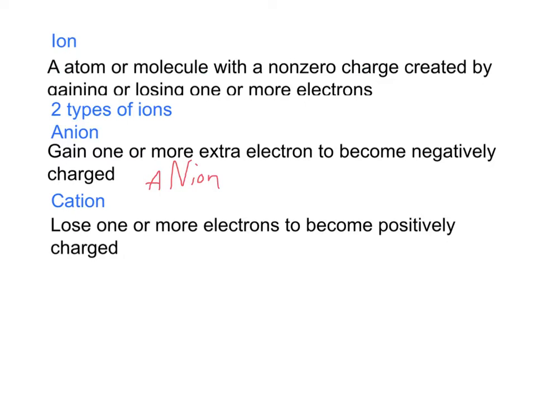The second type is a cation. That's where you lose one or more electrons to become positively charged. So if you write the word cation and change the t to a plus sign, you're going to remember that cations are positive. Or cats are just always in a good mood. I don't know. Let's go on to the next thing.